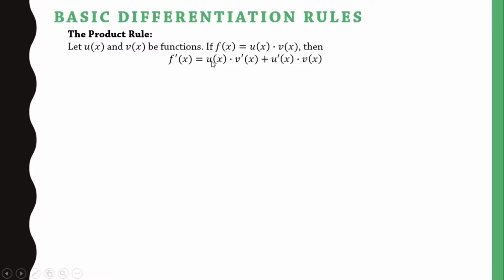Again, that's u of x times v prime of x plus u prime of x times v of x.